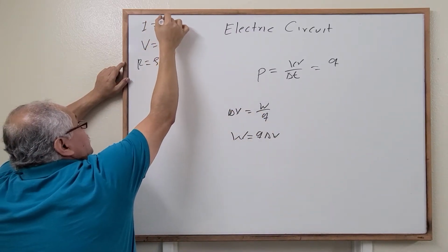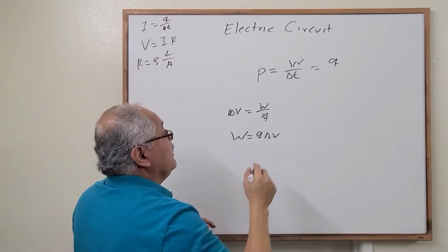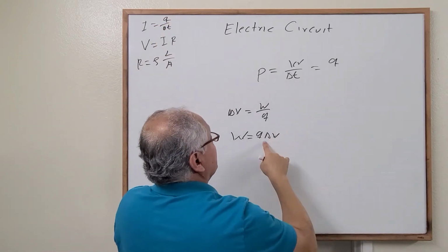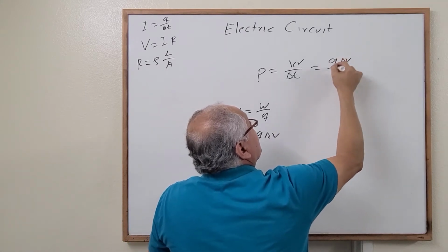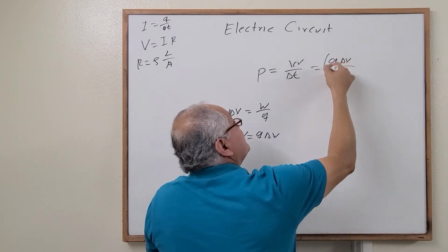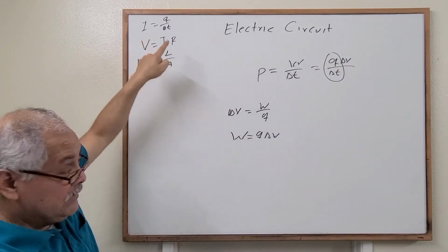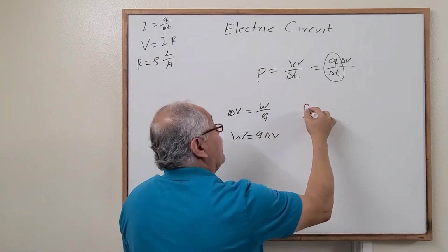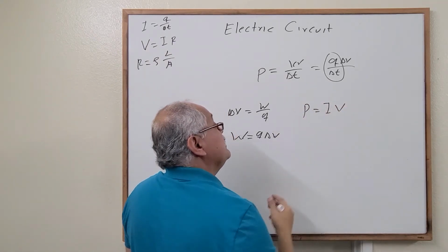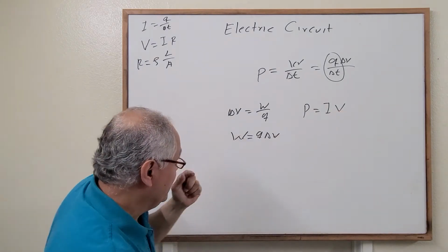Remember, current is equal to charge divided by the time. And then what do we have right here? We have this charge times voltage, correct? Divided by delta T. But what is this quantity? That is just current, correct? So power, the electric power, is just equal to current times the voltage, or potential difference right here, correct?